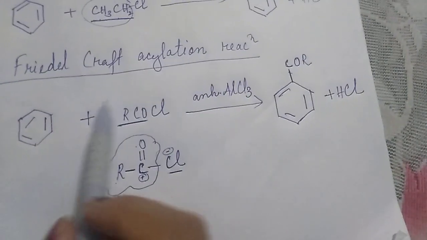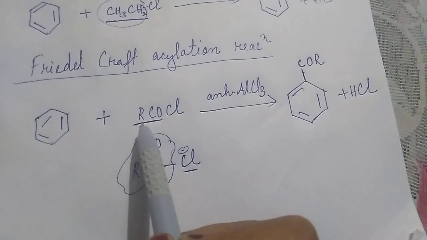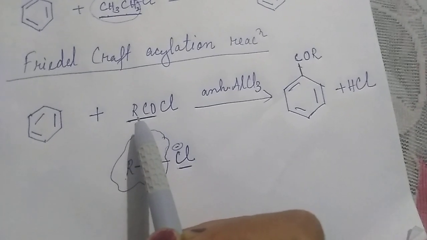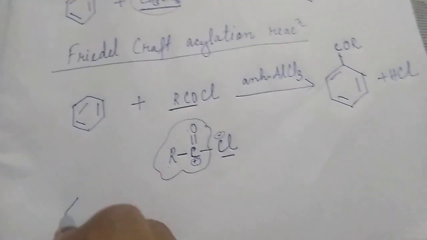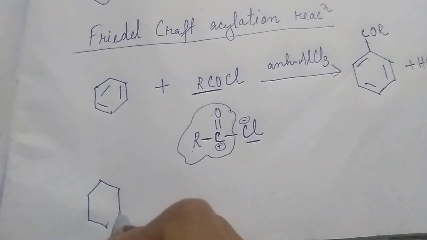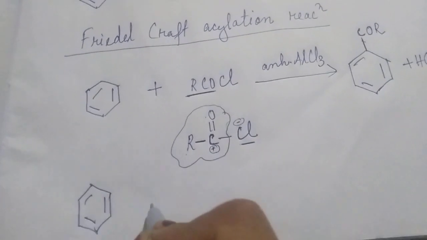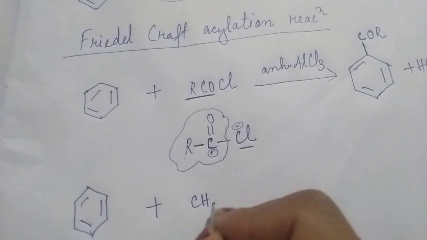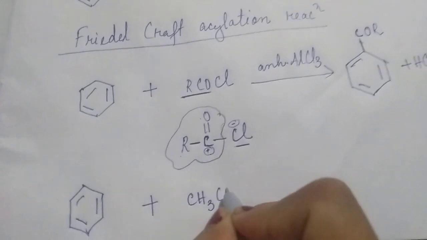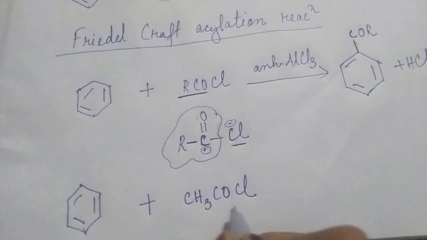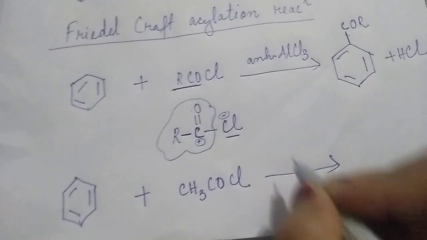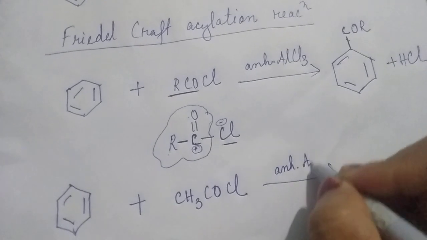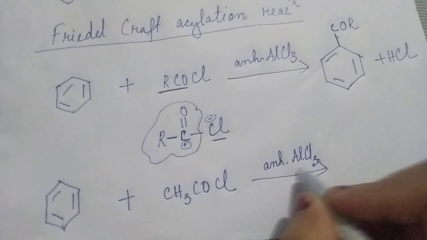Now you can change your R group to CH3, C2H5, any alkyl group. Let me take another example of an acyl group. Instead of R, I'll take CH3COCl, acetyl chloride. Then we identify the Friedel Craft reaction by seeing the reagent, that is the Lewis acid.